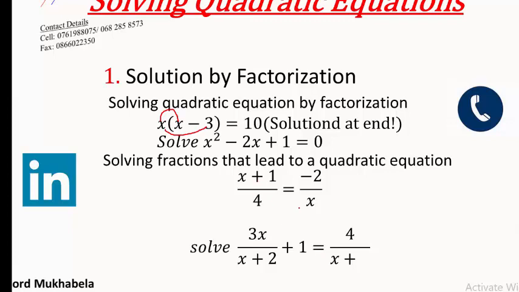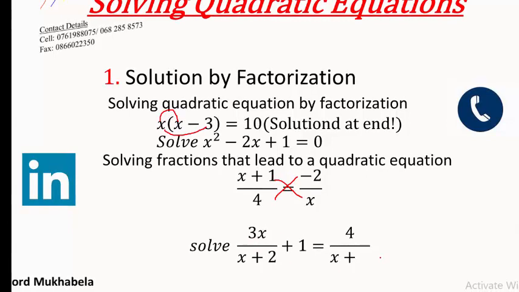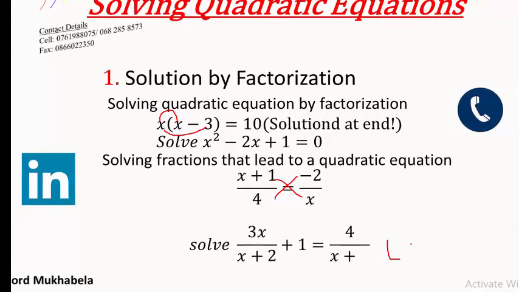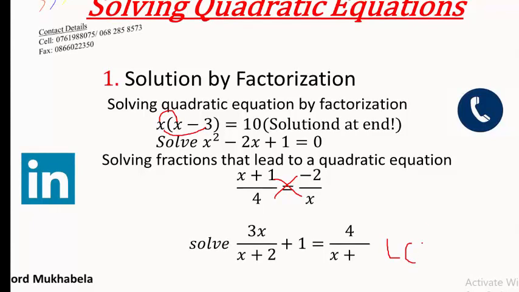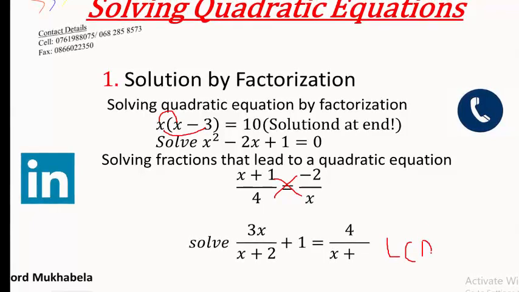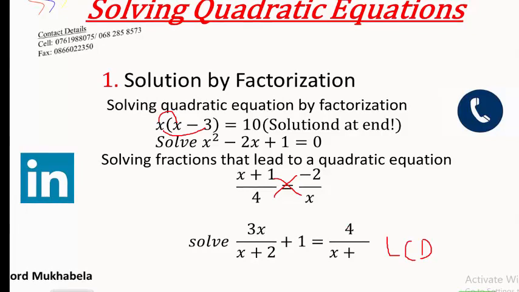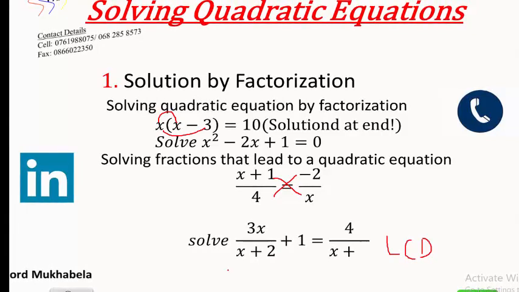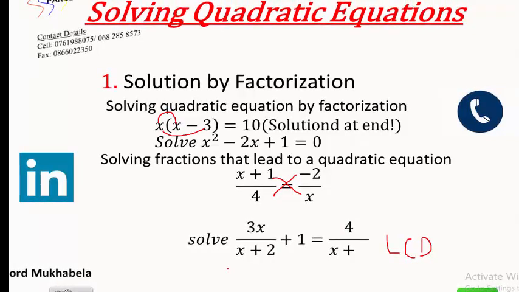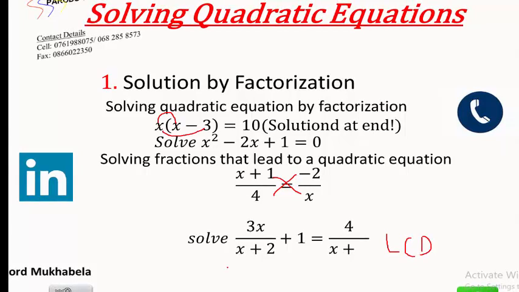So for this one, you simply cross multiply, right? For this one, you use the LCD, lowest common denominator. So you need to flatten everything here so that it's easier to simplify. So now let's carry on to the next page.